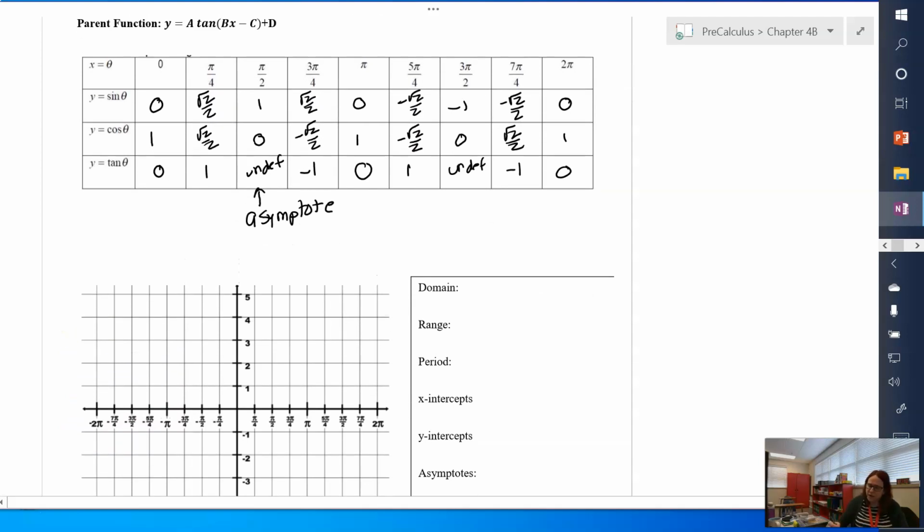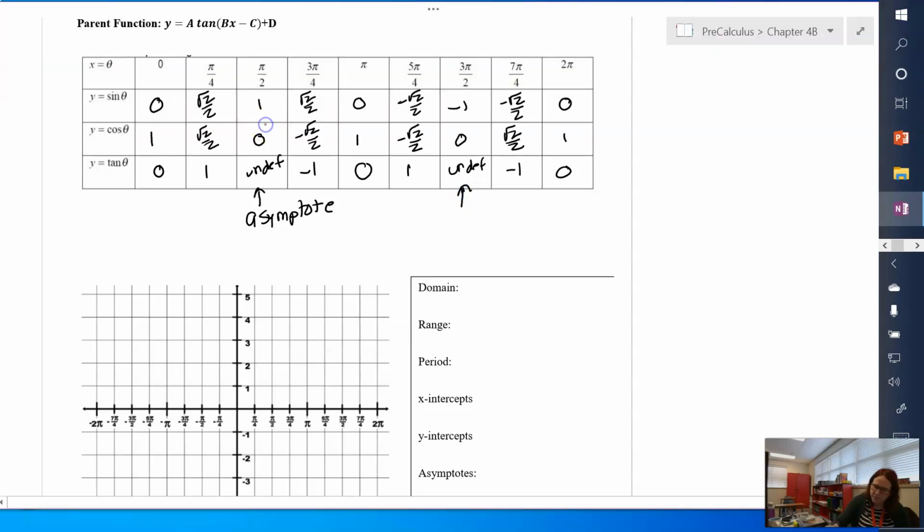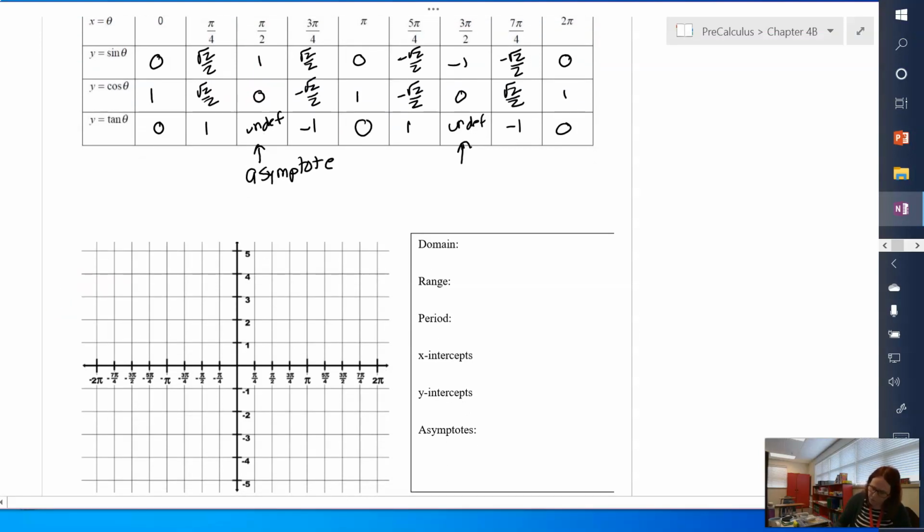All right, so now let's start graphing. I want you to notice everywhere I have an undefined, I'm going to put in an asymptote. So I have an asymptote at pi over 2. I'm going to put that in here. And I have an asymptote again at 3 pi over 2, which is right here.